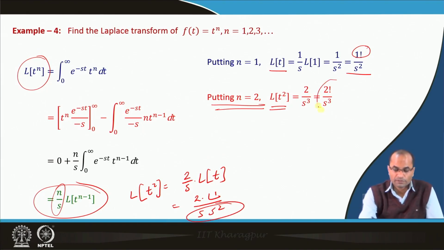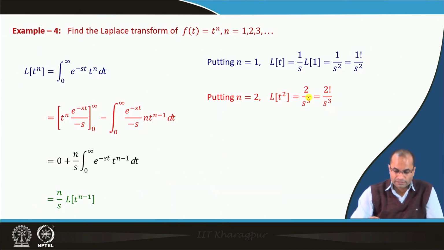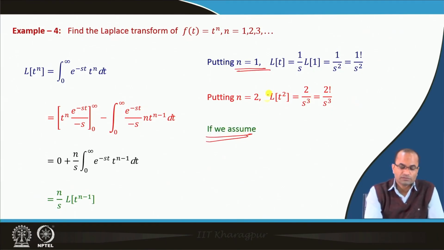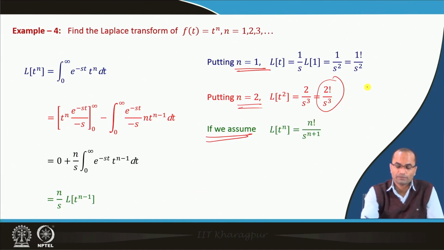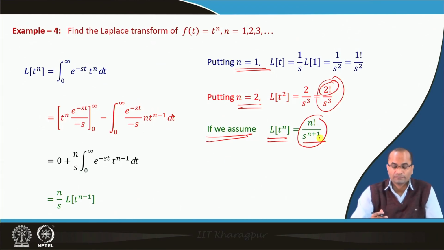So, we have factorial 2 over s cube in this case. So n equal to 1 is true, n equal to 2 gives factorial 2 over s cube. We know now what is happening: the Laplace of t power n is nothing but factorial n over s power n plus 1.